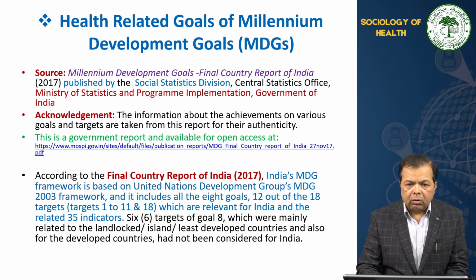I would like to acknowledge here that the information about the achievements on various goals and targets is taken from the government report on Millennium Development Goals with the title Final Country Report of India, which was published in 2017. This report is available in the public domain, open access, and I have provided the link also here. So anybody interested can access the government website and have access to this report.